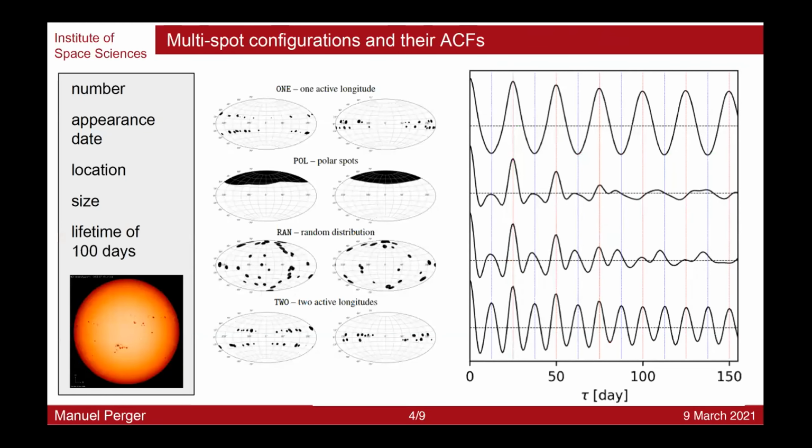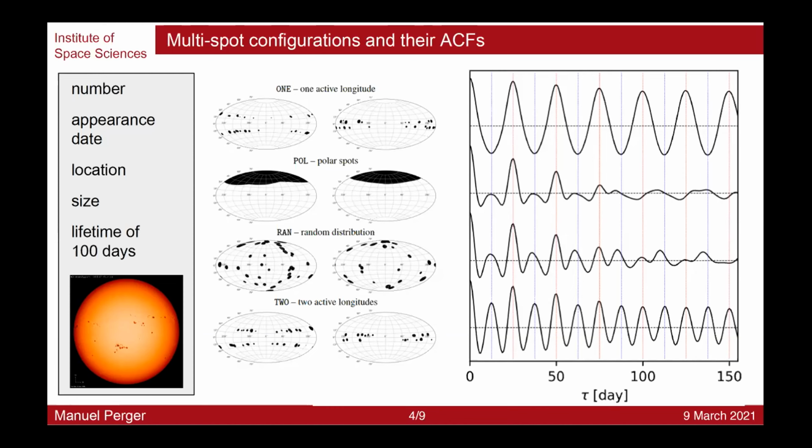So we searched the literature and actually found four stellar distribution models. The characteristics of the spots are number, appearance date, location, size, and also their lifetime, which we chose to be a constant 100 days in our case, since this is a very important parameter in the Gaussian process regression.